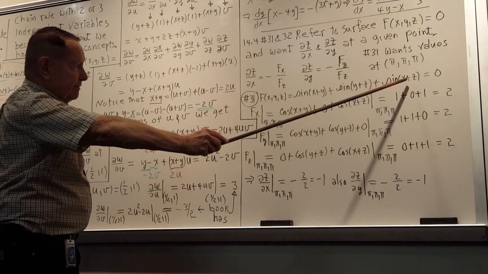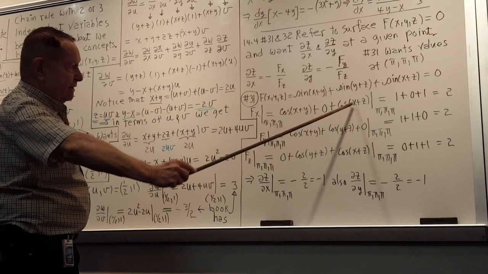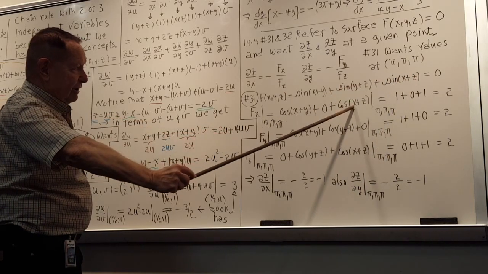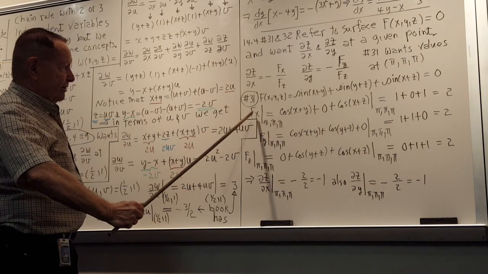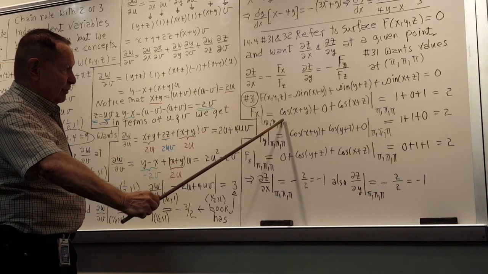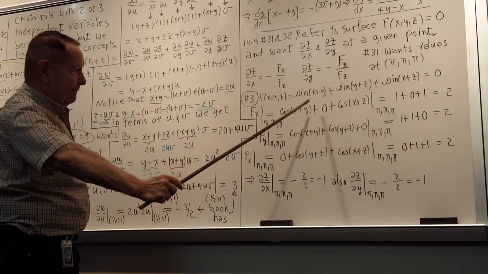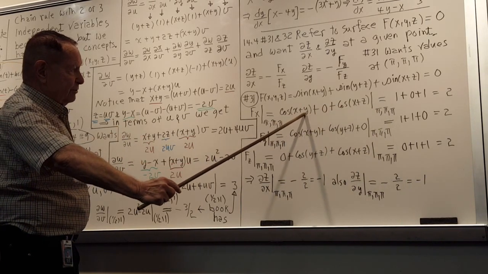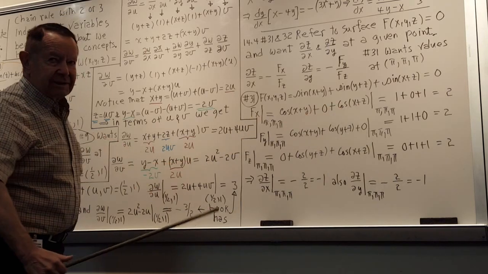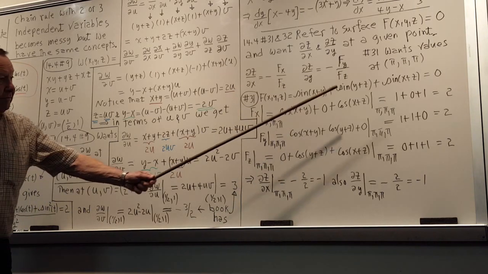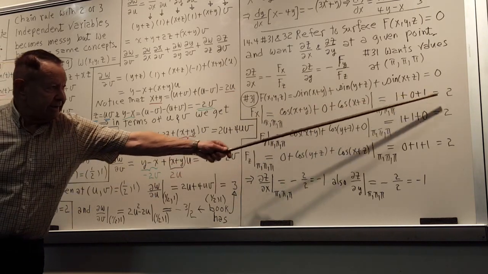And then sine to cosine, and then the inside function partial with x again is a 1. So your f sub x at this point would be this at pi, pi, and pi. So you notice you have a 2 pi again, and cosine of 2 pi is 1. So you get 1 plus 0 plus 1, and that's 2.